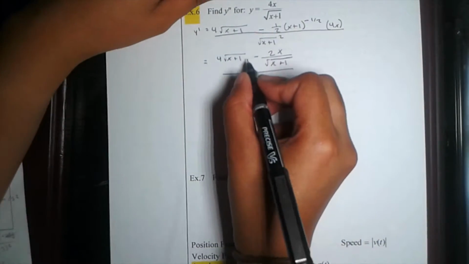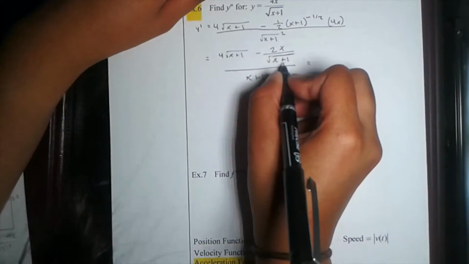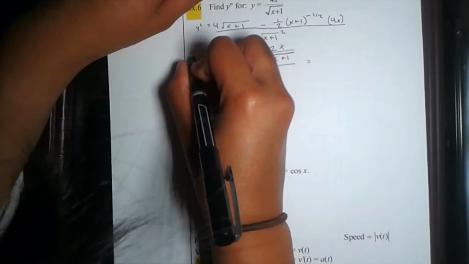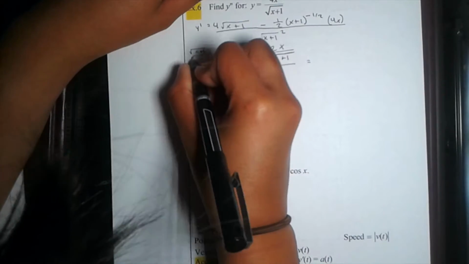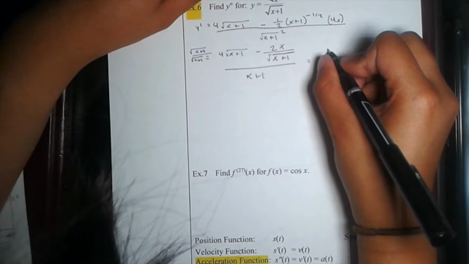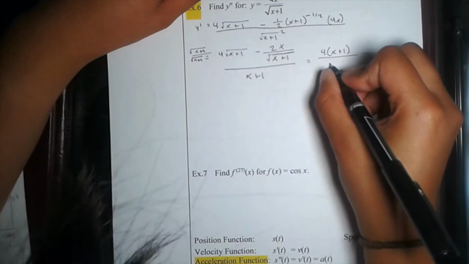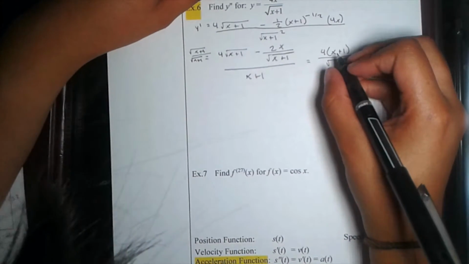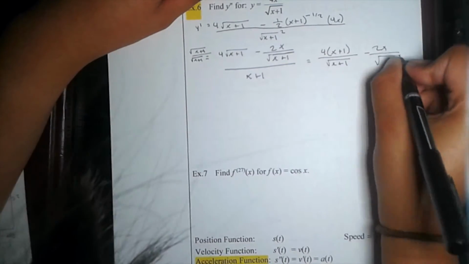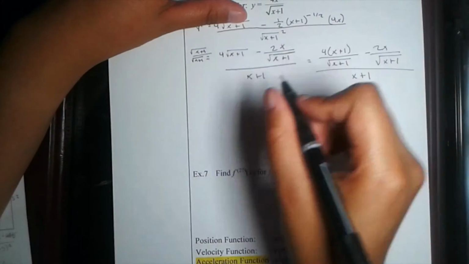You want the top to have a common denominator so you can solve it. So what you can do is just multiply x plus 1 over x plus 1 on this side. So you would get 4 times x plus 1 over the square root of x plus 1 minus 2x over the square root of x plus 1, still all over x plus 1.